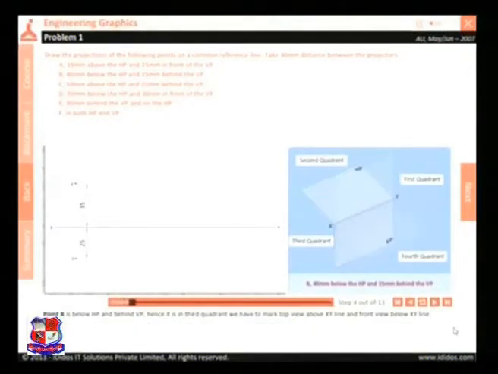Point B is below HP and behind VP. Hence, it is in the third quadrant. We have to mark the top view above the XY line and the front view below the XY line.